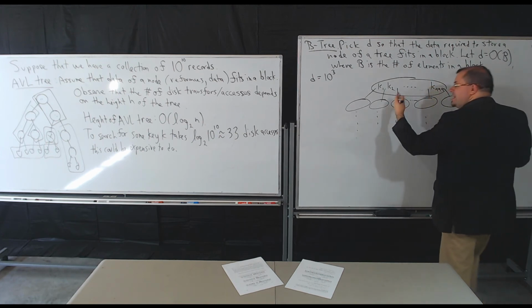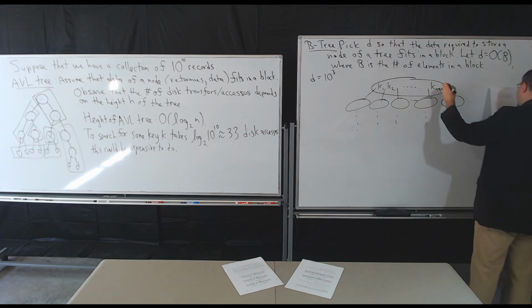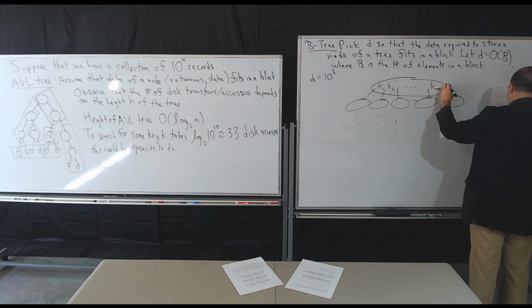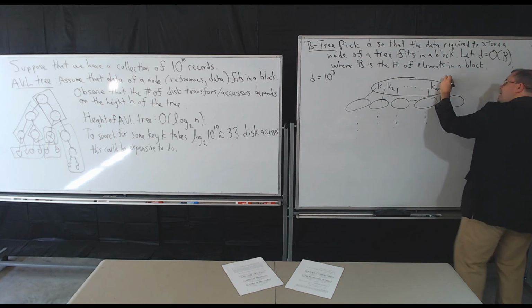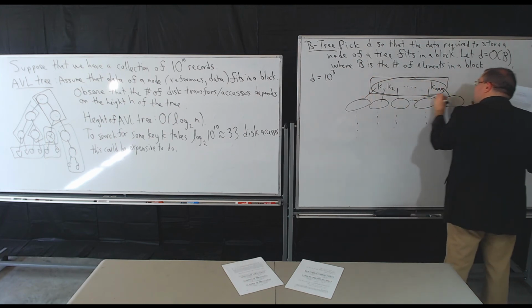The point is that we need some way of indexing things. I'm not going to talk about that in too much detail, but the point is that I could fit this into a data block, and I can fit all of these into data blocks.